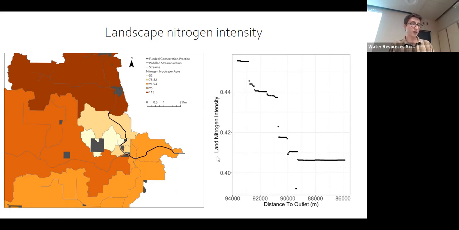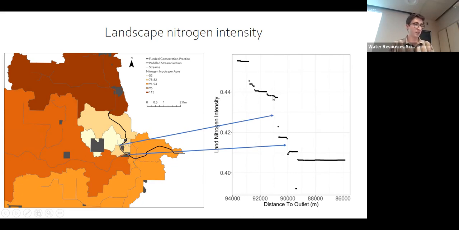And on the right hand, we see this figure that's showing land nitrogen intensity on the y-axis and the distance to watershed outlet on the x-axis. And we see, I want to go frozen screen here. There we go. We see that these locations where you have these catchments of a different nitrogen input draining into the stream, we see this corresponding drop in the land nitrogen intensity at those points, right?